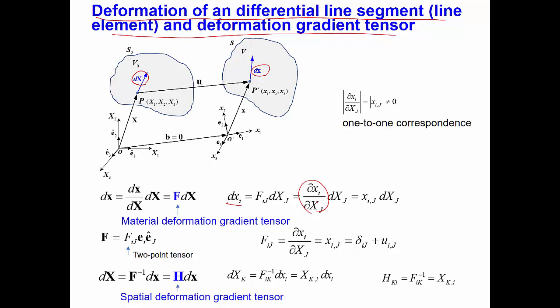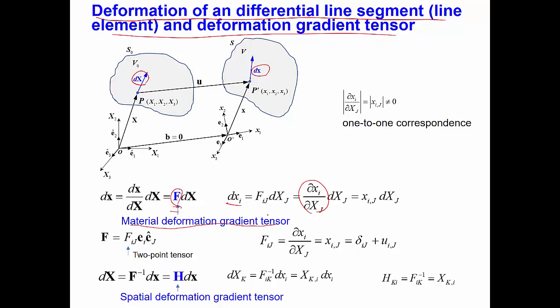So this is a matrix, a tensor quantity. So we usually define this matrix using large capital F, which is called the material deformation gradient tensor.